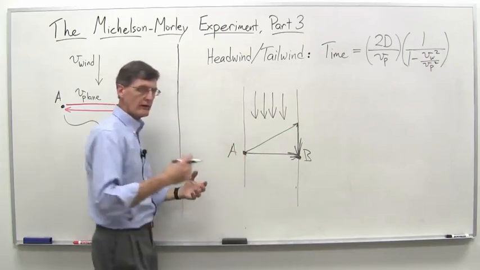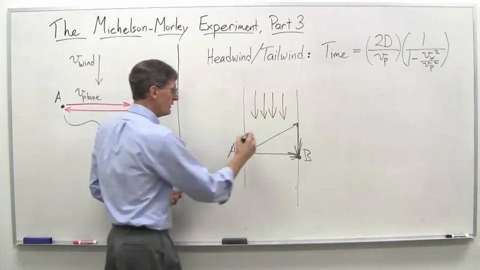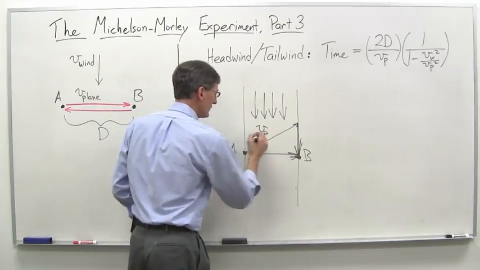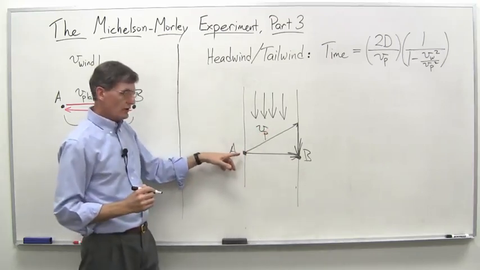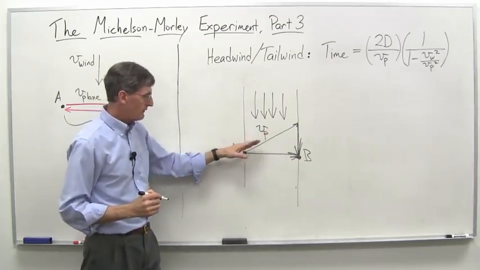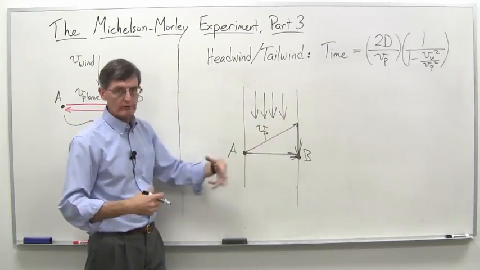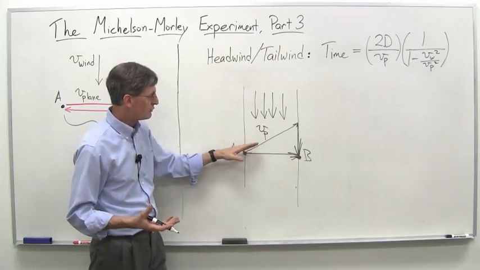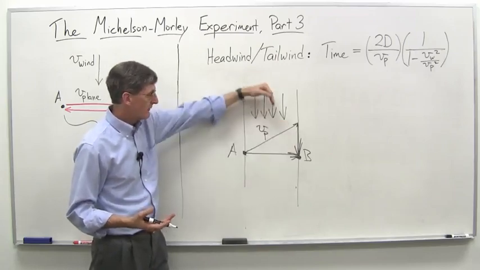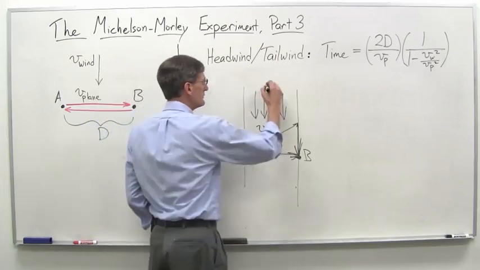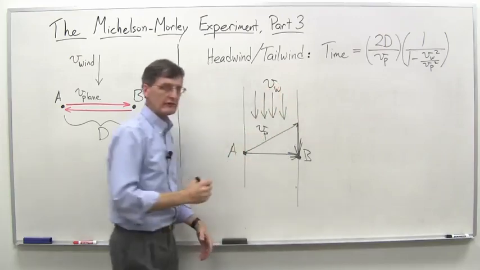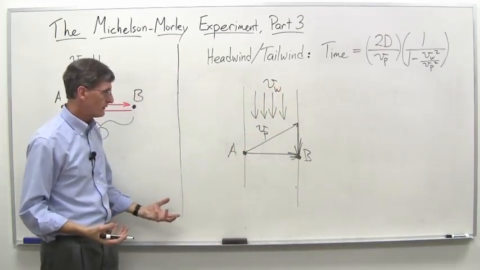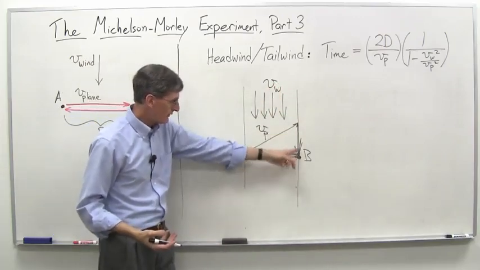Well, it's flying through the air at velocity v sub p. That's the velocity of the plane through the wind, or if you want the swimmer, the velocity of us through the water. And then the current is v sub w, in our plane example, the velocity of the wind. That's going to be this side right here.